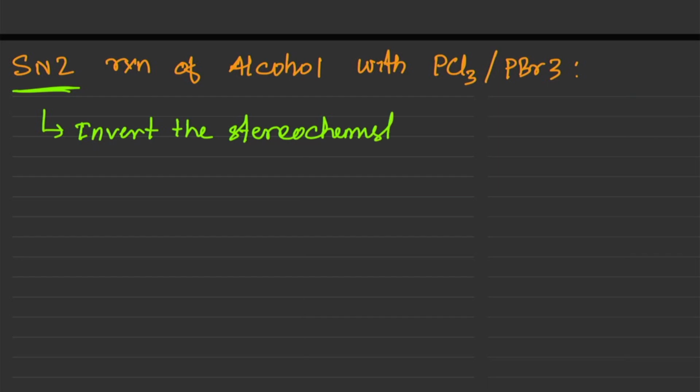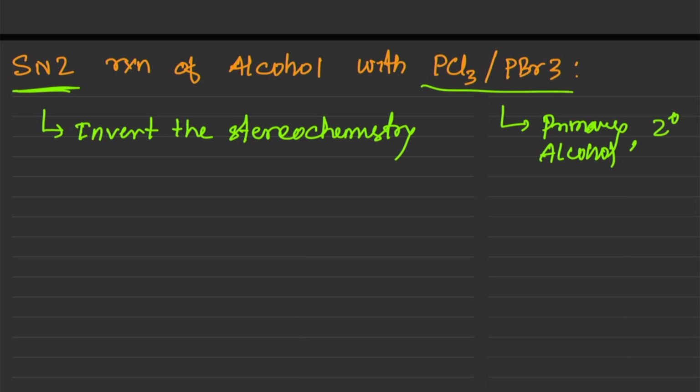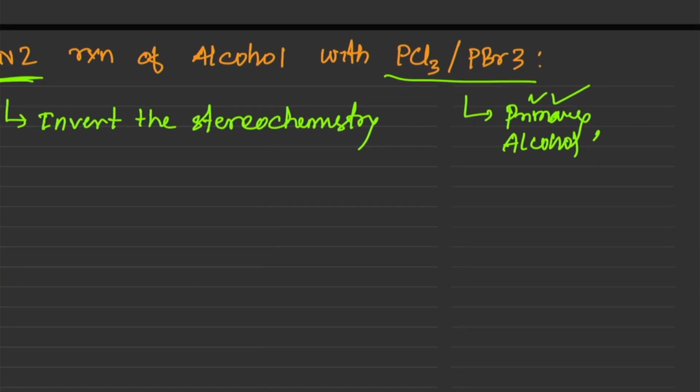Okay? And what kind of alcohol reactions go through SN2? Just like we had with SOCl2, PCl3 and PBr3 do really well with primary alcohol. Primary alcohol is the best type of alcohol that you can react. Secondary does decent, secondary is okay.